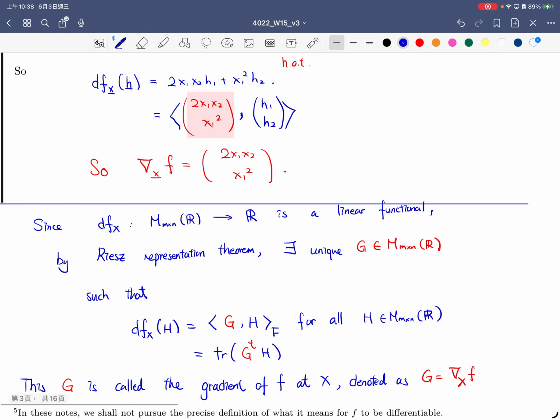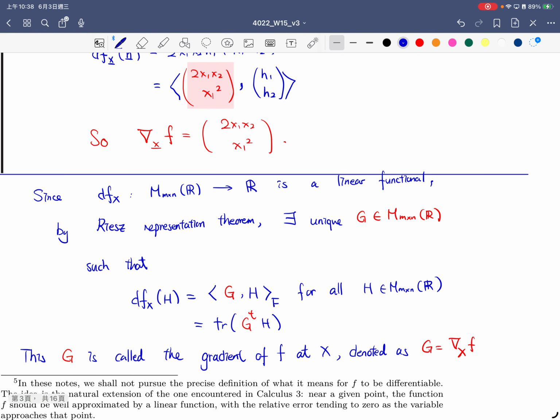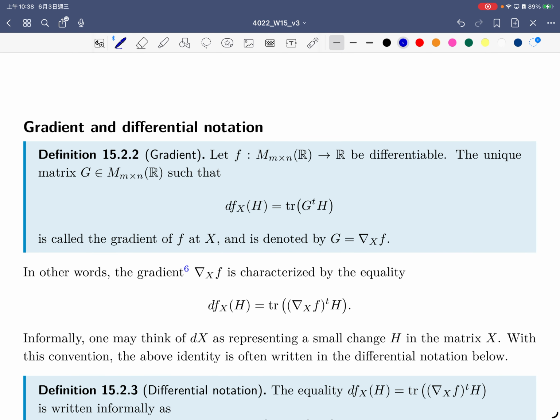Okay, so it's worth formulating what I wrote down here as a proper definition. So let's have a look at the next page. Gradient: what is the gradient? Suppose you have computed the derivative, and now by the Riesz representation theorem, the derivative will correspond to some G, and that G is called the gradient of f at x.